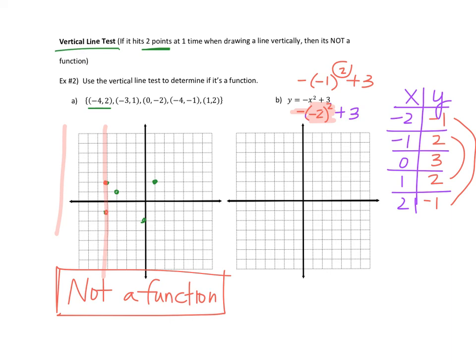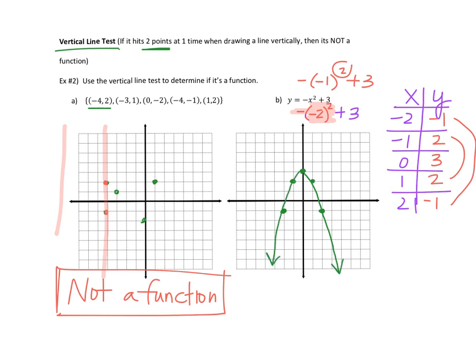Okay, so if we plot these, you have (-2, -1) right here. (-1, 2) right here. (0, 3), (1, 2), and (2, -1). Okay, that means our graph looks like this.